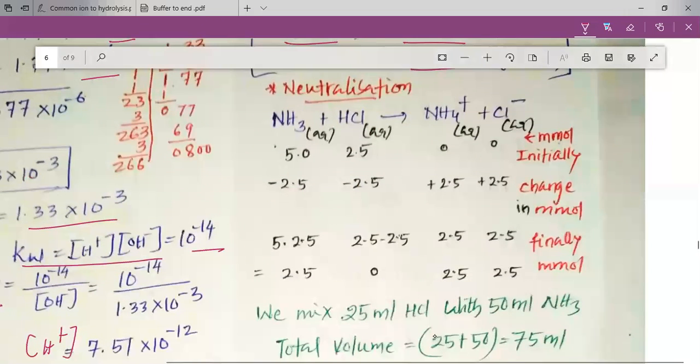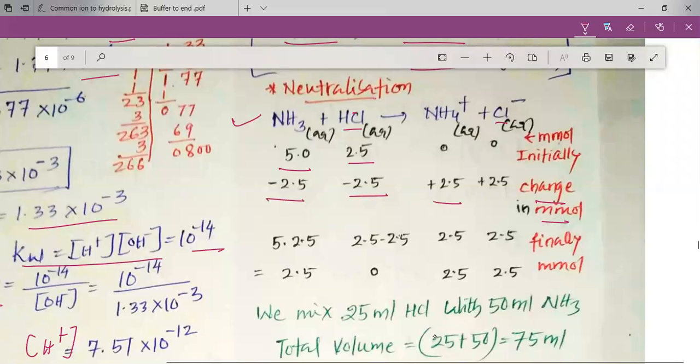Now my dear students, the neutralization reaction takes place between the ammonia and HCl. So NH3, when it reacts with HCl, gives NH4Cl, that is NH4 plus and Cl minus. Now the initial amount for NH3 is 5.0, for HCl it is 2.5, but for the change that takes place, ammonia is more, so it uses all this HCl, and thus all my 2.5 millimoles of HCl is used.